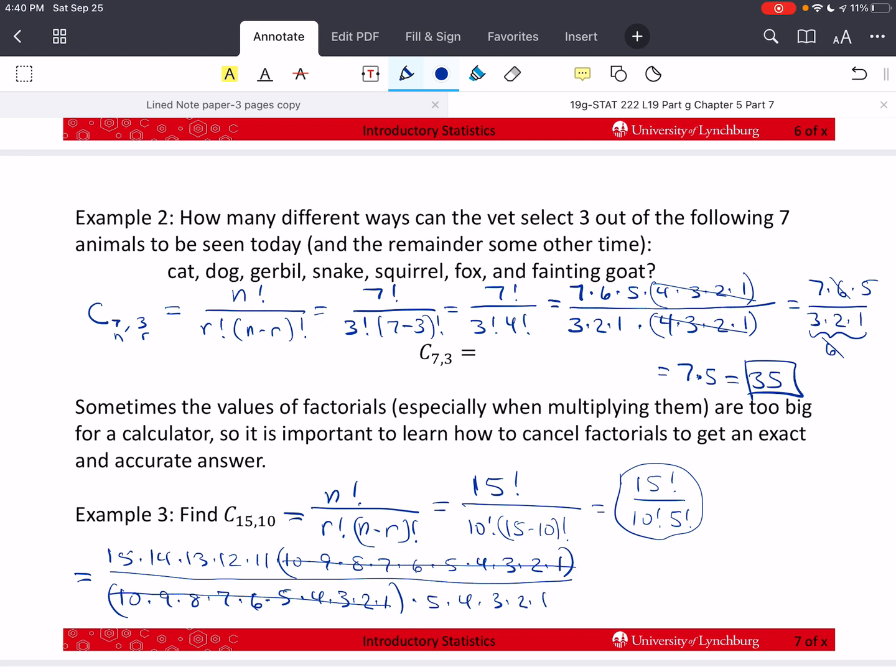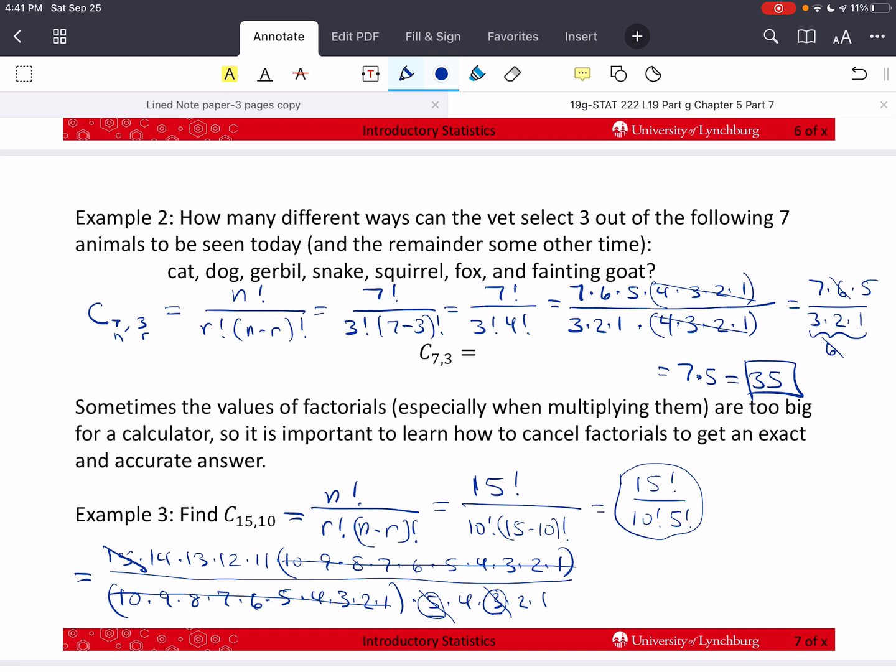So I have 5 and 3 is 15, so I can cancel out 15. And then I have 4 and 2. No, that's 8. So I can't do that.